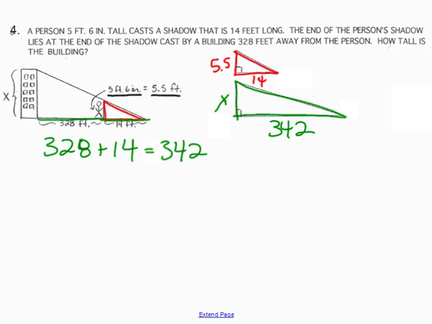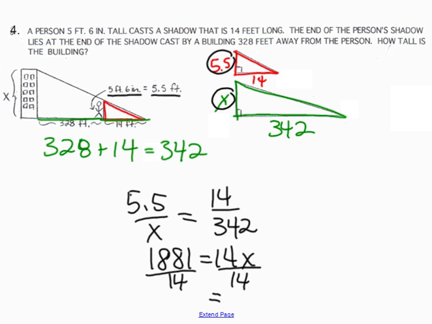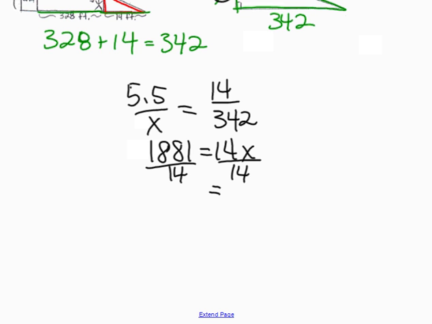So it's going to be 5.5 and x, and then I'm going to do the small triangle to the large triangle, 14 over 342, multiplied by 5.5, 1,881 equals 14x, divide by 14, equals 134.4.